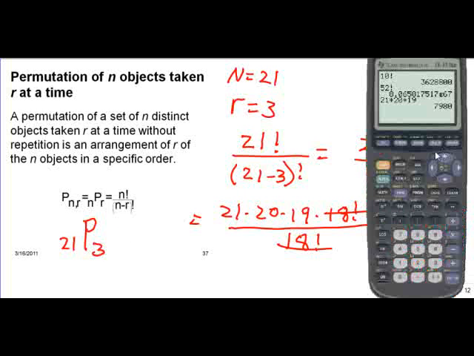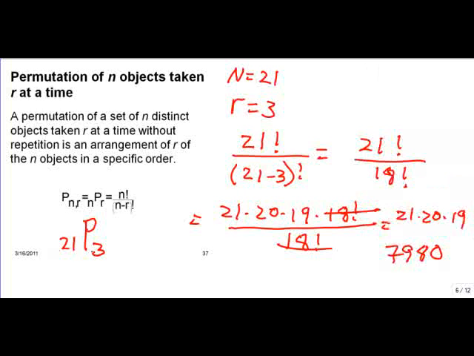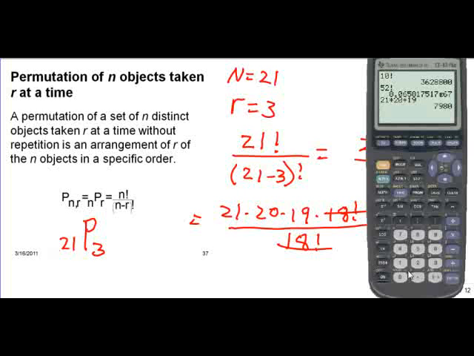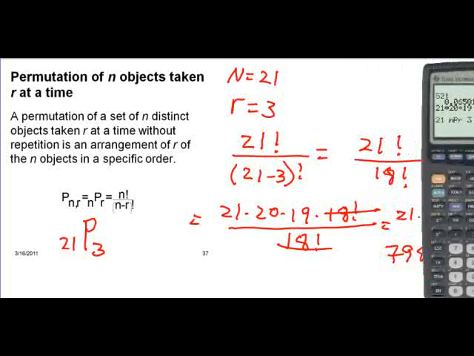All we have to do using the calculator is enter 21 and then go math, again back to our PRB, and then notice that menu option 2 is nPr, and then enter 3 and press enter, and note that the calculator will also compute this for us as well. So that's a handy little tool.